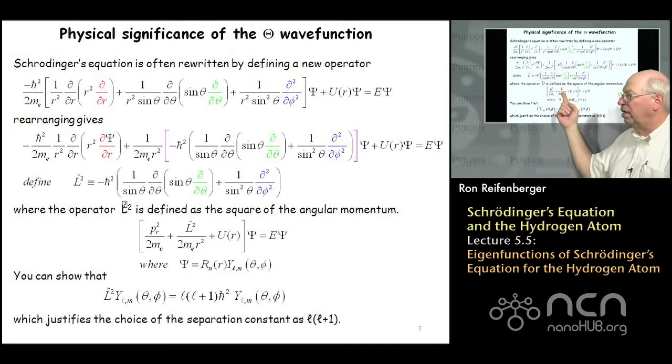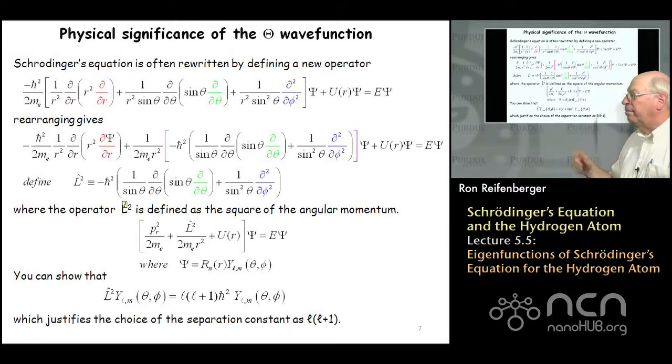This is the kinetic energy tied up in the angular motion of a particle. And then the third term is just the interaction potential energy due to electrostatics. These three terms multiplied by the wave function psi equal E psi. And these wave functions psi, of course, are what we're talking about in this lecture.